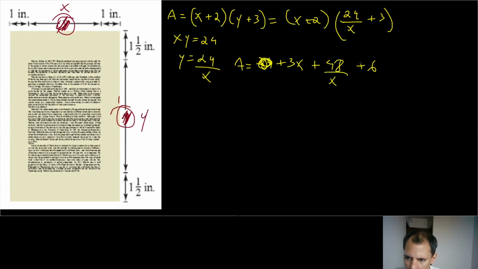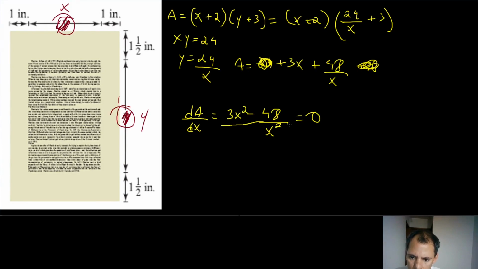So this is going to be 0, this is going to be 0, and dA/dx equals 3 minus 48 divided by X squared, and this has to be equal to 0. So I'm going to take the minimum common denominator here, cross multiplying, and this thing here is going to disappear, and then you have 3x squared equals 48, x squared equals 16, x equals plus or minus 4.